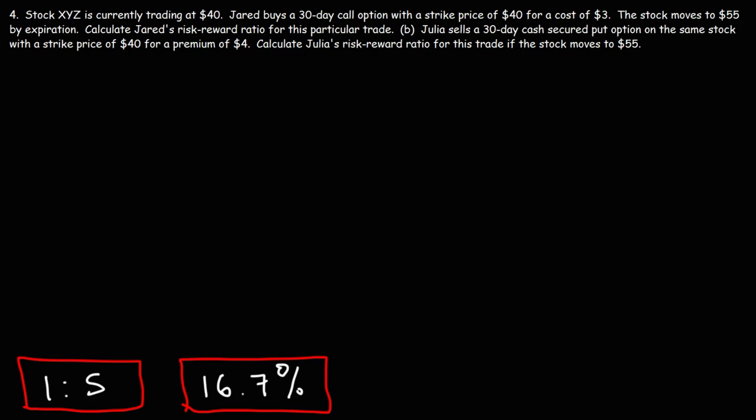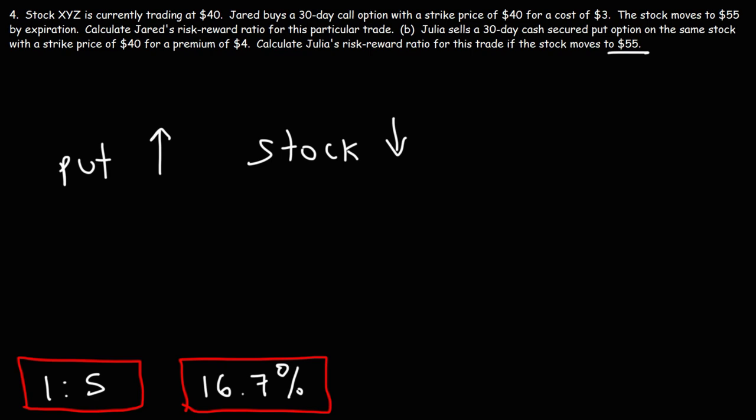Typically, they'll exercise the right to sell their shares at $40 if the stock price moves below 40. So if it moves to 55, they're not going to want to sell their shares at 40 when they could sell it in the market for $55. So thus the value of put options increases when the value of the stock decreases.